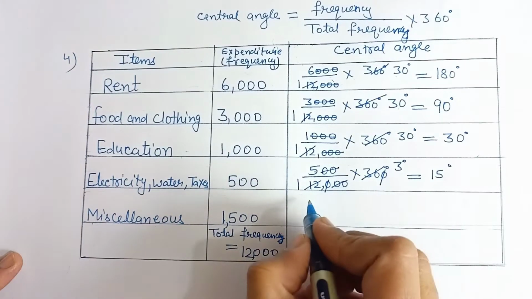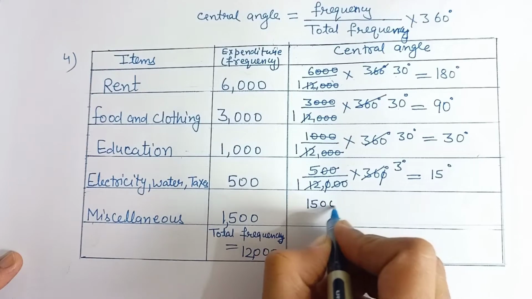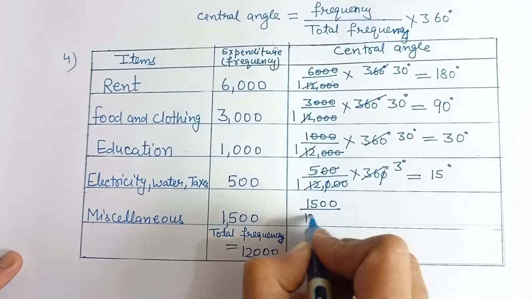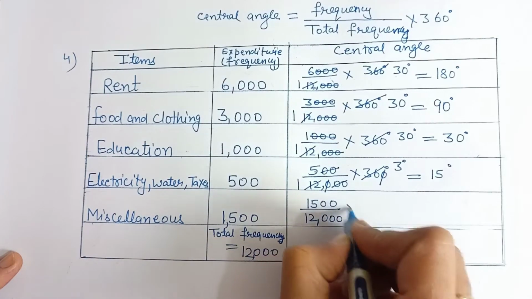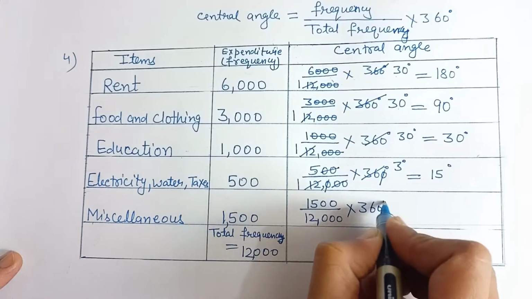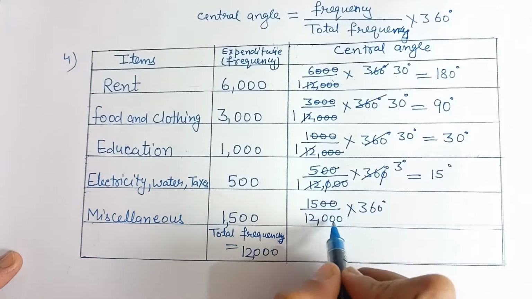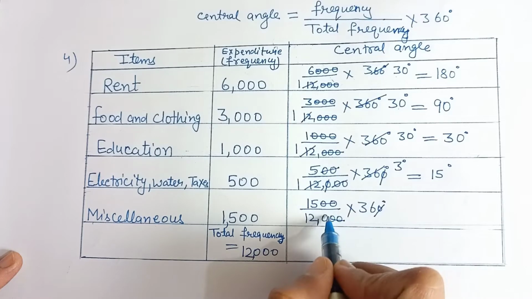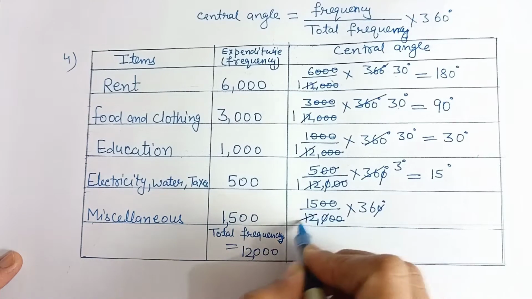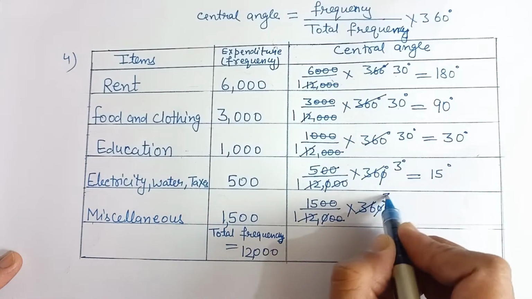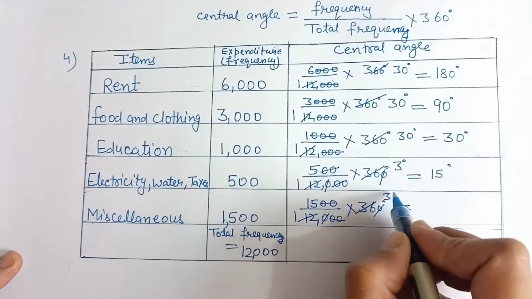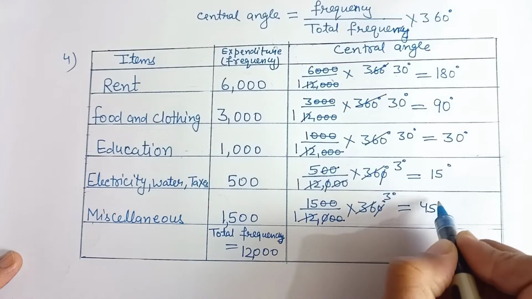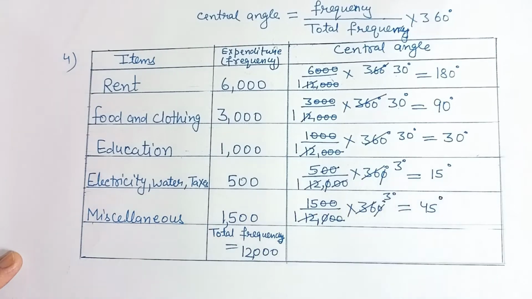For miscellaneous, frequency is 1,500, total frequency is 12,000 multiplied by 360 degree. 20 cancelled with 20, 10 from here. Now 12 ones are 12, 12 threes are 36, 15 threes are 45 degree.